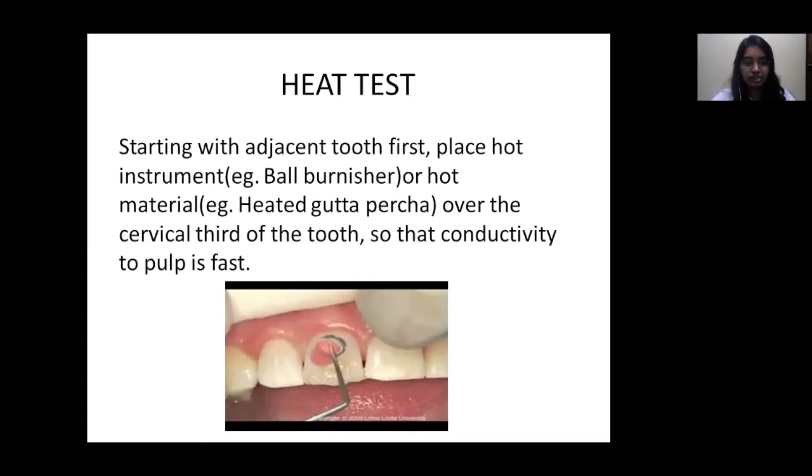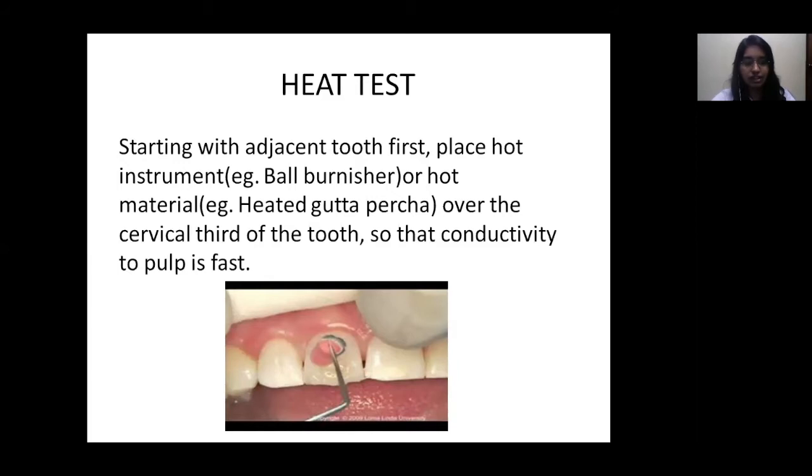In this method, the tooth is coated with a lubricant such as petroleum jelly to prevent the gutta percha from adhering to the tooth surface. The heated gutta percha is applied at the junction of the cervical and middle third of the facial surface of the tooth, and the patient's response is noted.